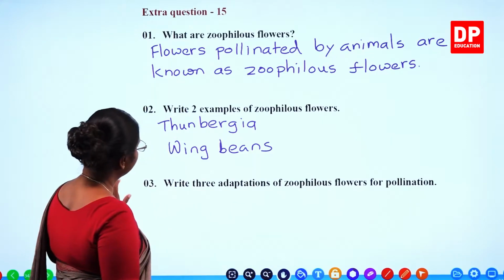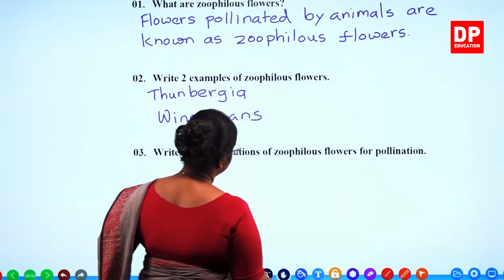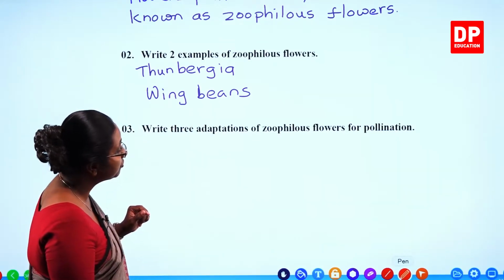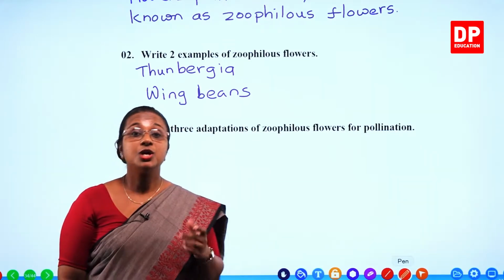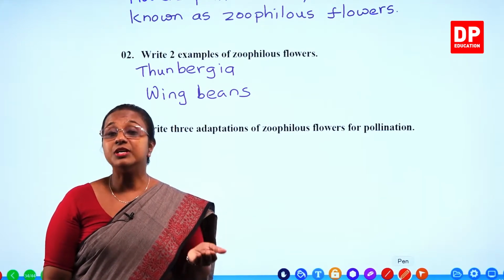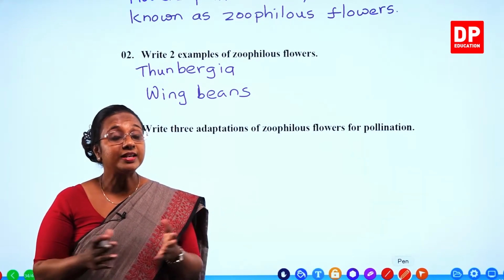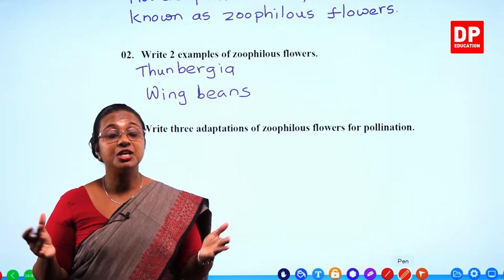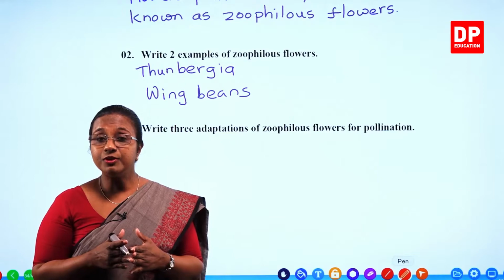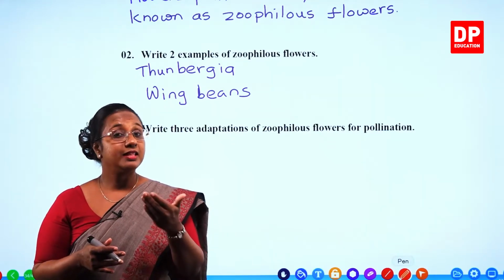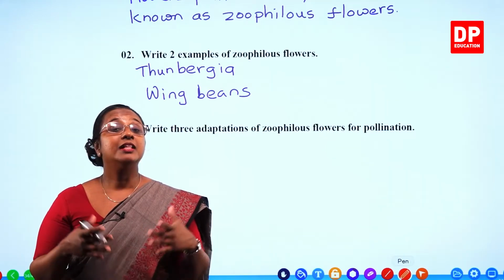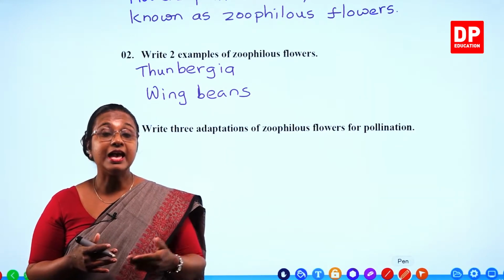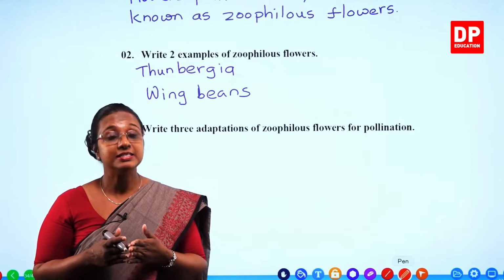Then we have the next question. Write 3 adaptations of Zoophilus flowers for pollination. Zoophilus flowers need to attract insects. So what are the adaptations? The flowers will be very large, very colorful, they will have a fragrance, they will have nectaries, the stigma will be sticky and the pollens also will be sticky.